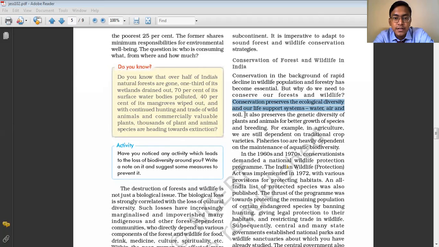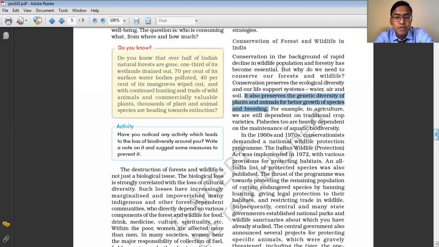Various conservation methods also preserve the genetic diversity of the plants and animals for better growth of the species and breeding. These conservation strategies help in preserving the genetic diversity of various types of plants and animals, which will help us in the near future to increase their population through breeding.